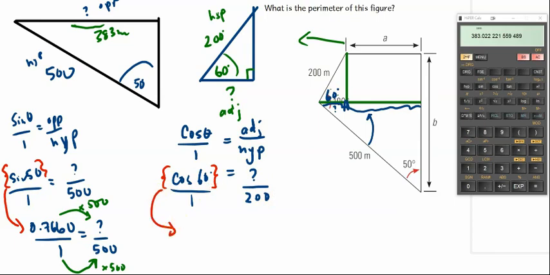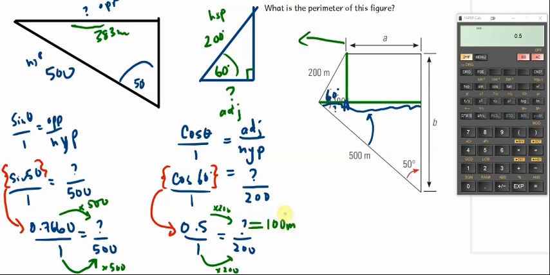So we go back to our handy-dandy calculator, put the 60 degrees in, and then we go cosine. Yay, it's an easy number this time. 0.5 over 1 equals some number over 200. So going from 1 to 200, times that by 200. 0.5 times 200. You can use a calculator, but mentally it's half of 200. So that little length here is 100 meters.